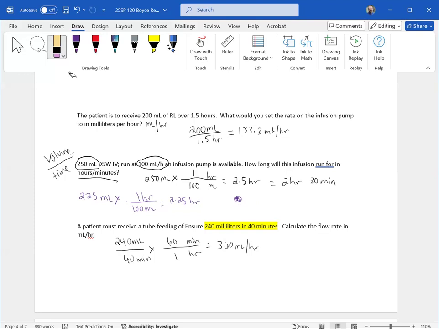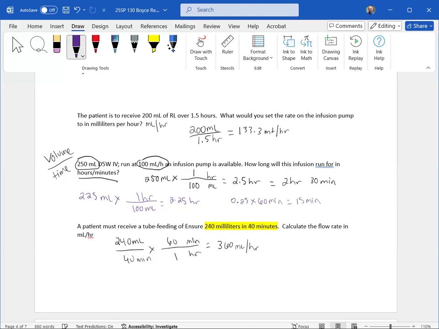There's a couple ways I have in my head of how I wanted to do that, which is why I'm giving you different answers here. But if you take that 0.25 and multiply it by 60 minutes, 60 times 0.25 is 15 minutes.